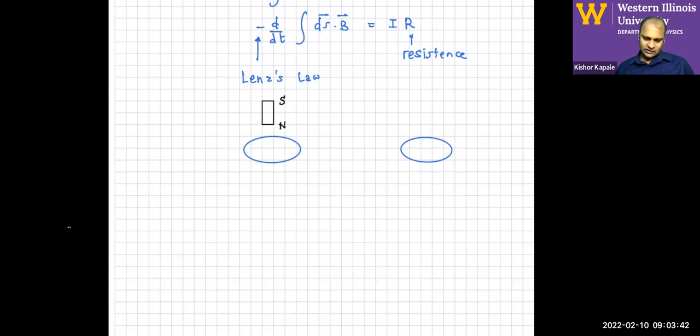And so in both cases that we are going to study, we do exactly the same thing. However, in one case, we bring them closer to each other. So the magnet is approaching the loop with a certain speed. And in the other case, the magnet is going away from the loop.